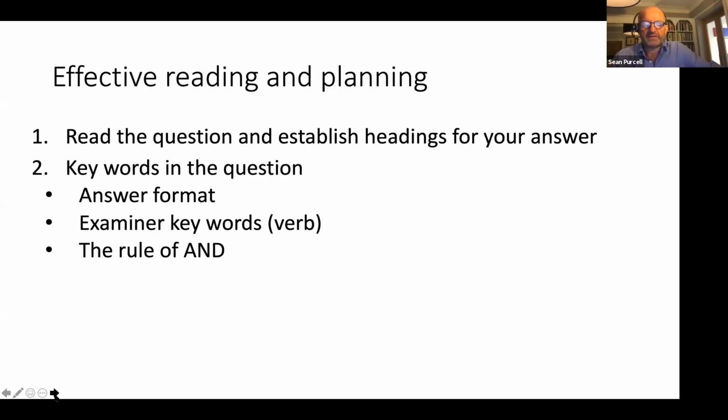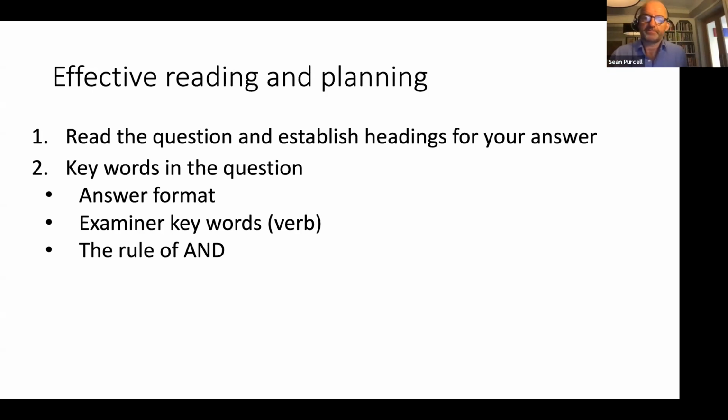Don't forget, it's a professional exam. You're a strategic leader. If someone asks you to do a report and you don't do a report, that doesn't look very professional. So it's important that we make sure we follow the format, we follow the key words and the verb. What is the verb asking someone? If it's asked you to evaluate, you're supposed to give two sides to the story.